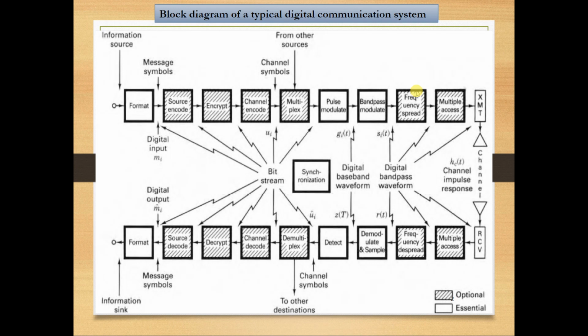Your signal will just get suppressed by the interference source, especially if it's transmitting this interference signal at a very high power. To avoid this from happening, what you do is spread your signal over a very large bandwidth and make sure that the power of the signal is below the power of the noise after you multiply it with a certain sequence. Once you do this, if there is an interference source affecting a certain spectrum with a certain amplitude, the impact of this interference on your signal, which is spread now, is going to be very minimal.